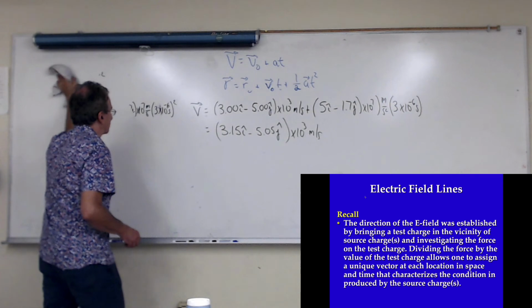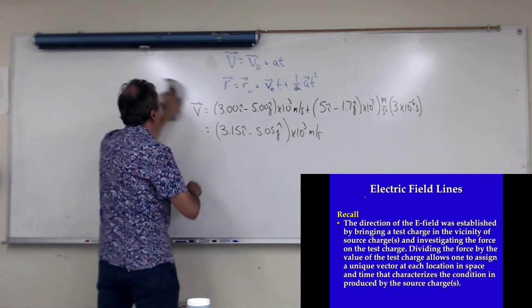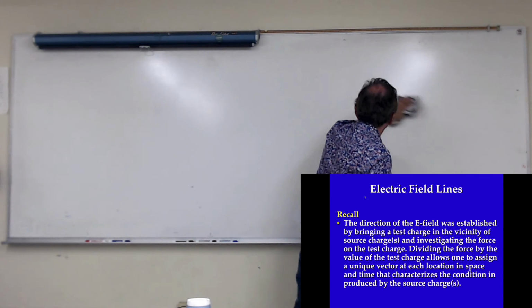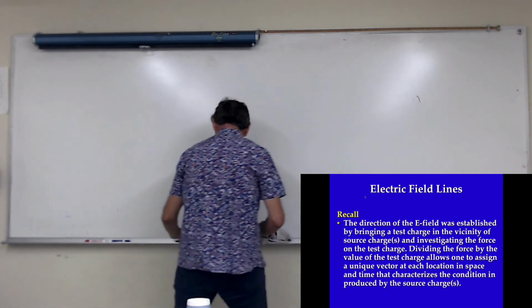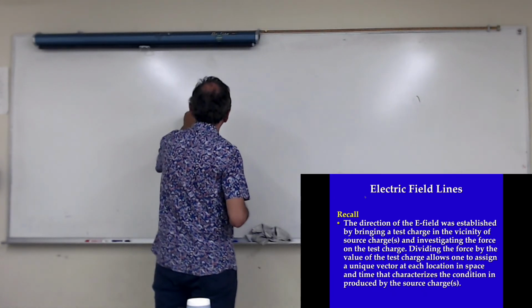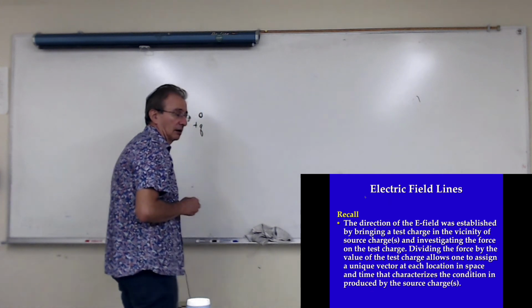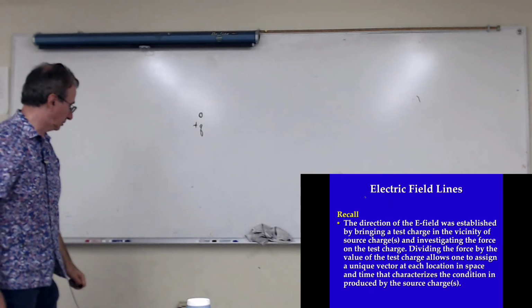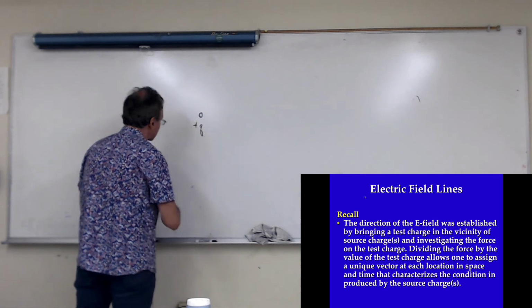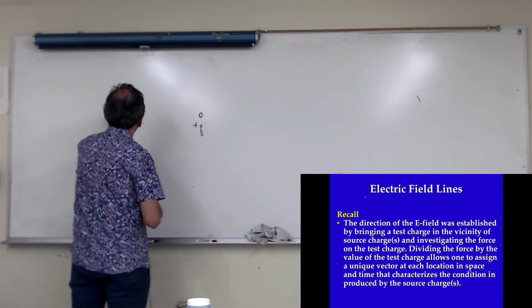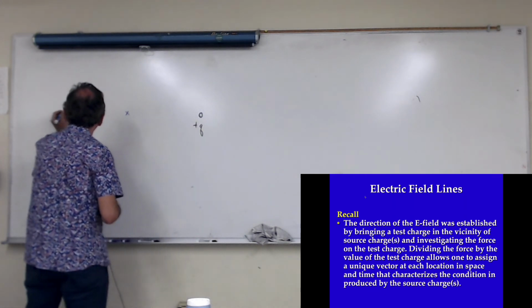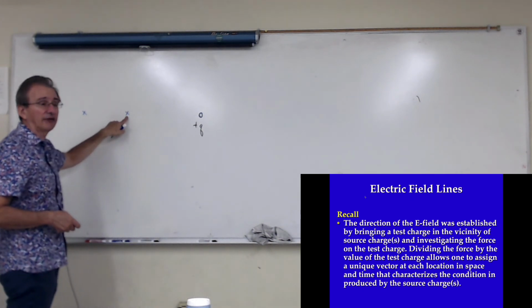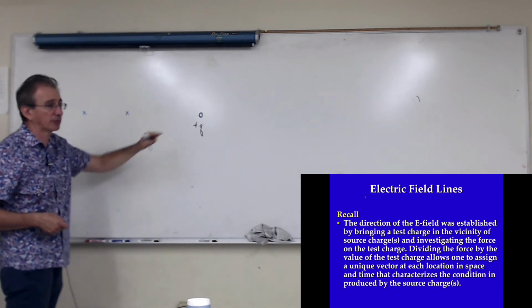In other words, if I take some charge, let's pretend my world is the whiteboard. Let's say I have a positively charged particle. I know the fields point away from a positively charged particle. So let's consider several points in space. Here, here, and here. At this location, I can define a vector that characterizes the electric field produced by that charge.